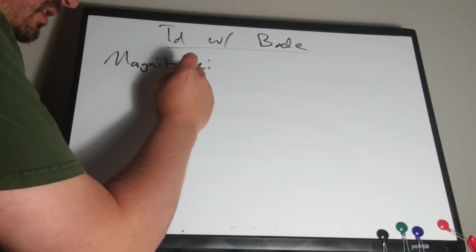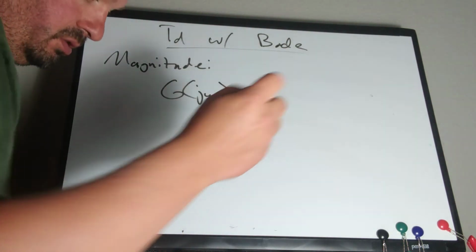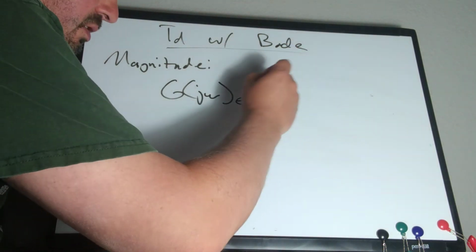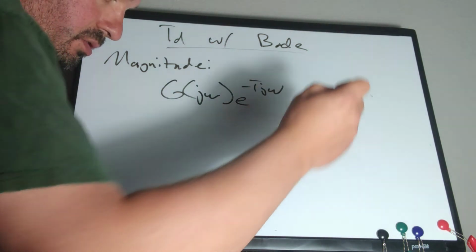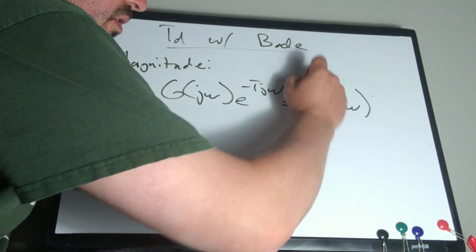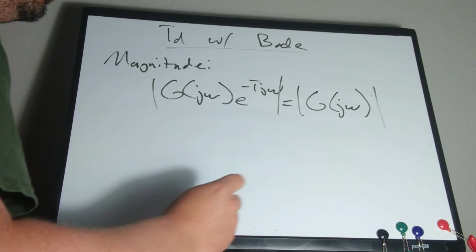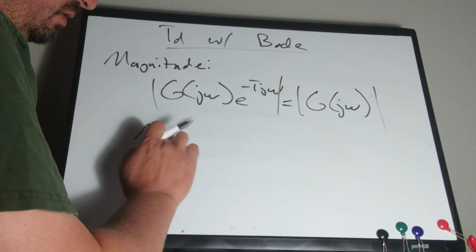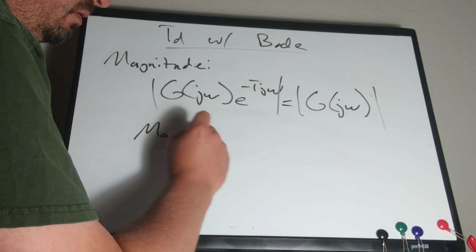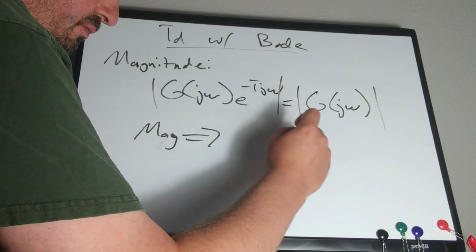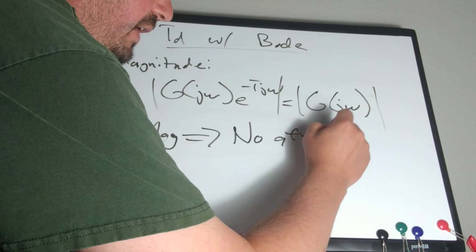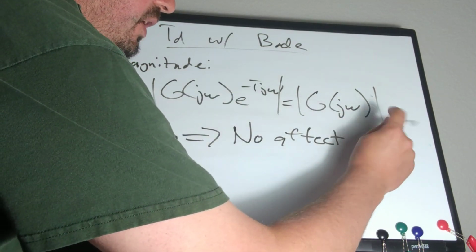But the end is the magnitude of G of jw times e to the negative T jw equals the absolute value of G of jw, which means as far as the magnitude is concerned, there is no effect from TD.